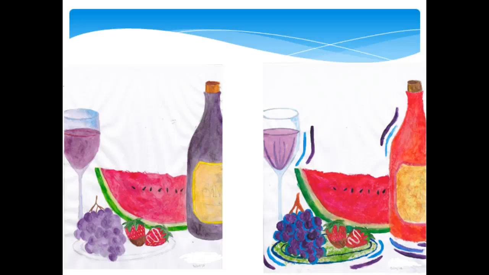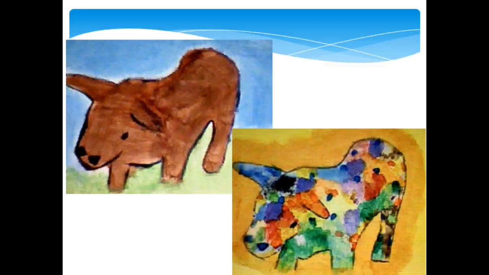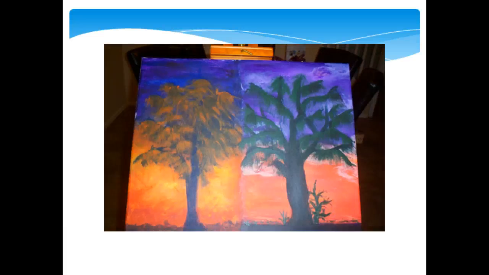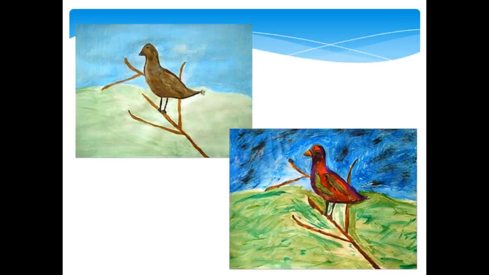You look at the painting on the right, you can see much more squiggly paint lines and brighter colors. And feel free to pause the recording if you want to look at something in more detail.